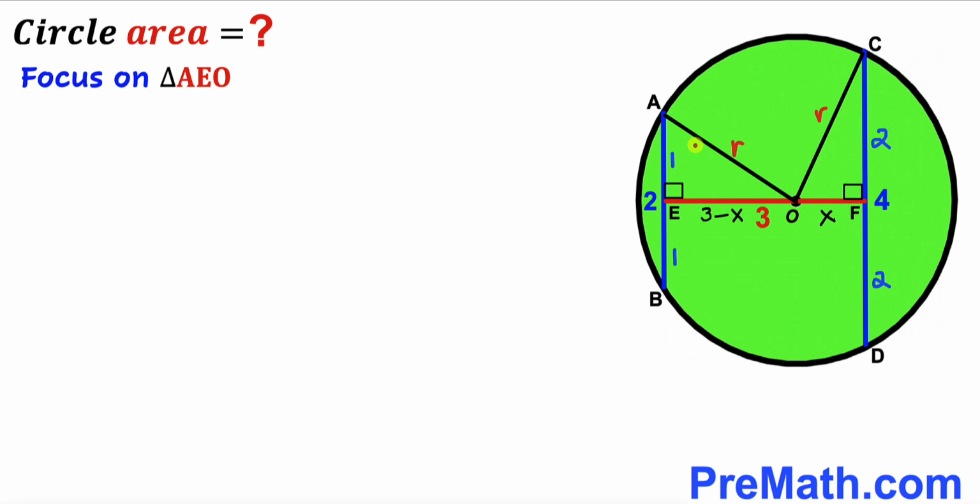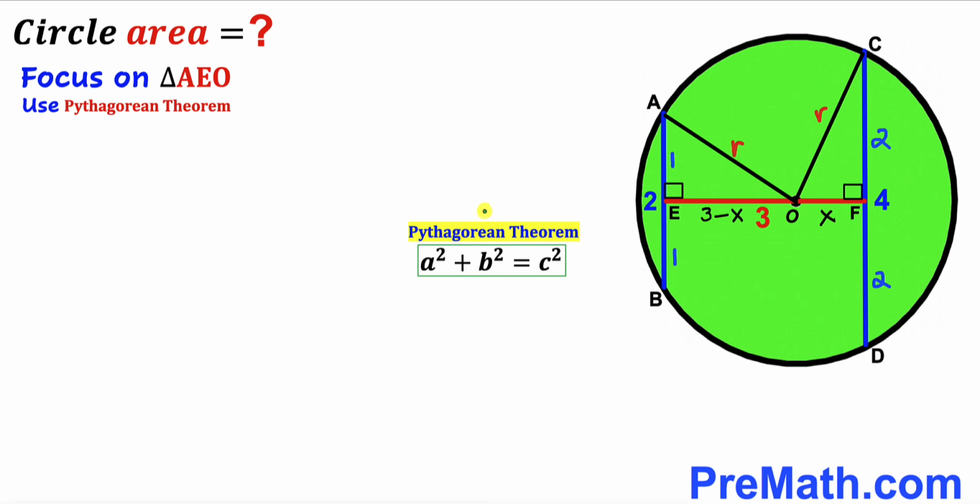Now we are going to focus on this right triangle AEO, and apply the Pythagorean theorem on this triangle. Here's our Pythagorean theorem: a square plus b square equals c square. In our case, our hypotenuse is lowercase r, whereas our two other legs are 3 minus x and 1. Filling in the blanks, we get (3 minus x) whole square plus 1 square equals r square.